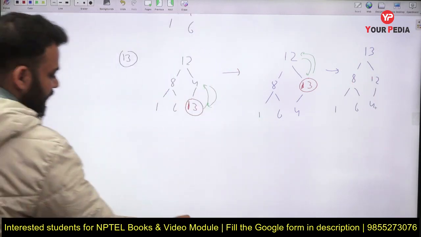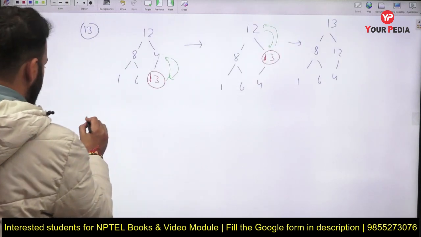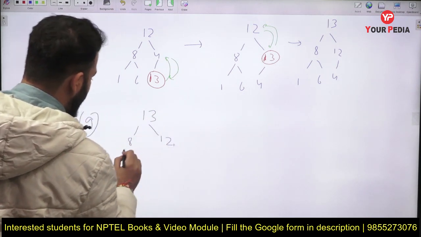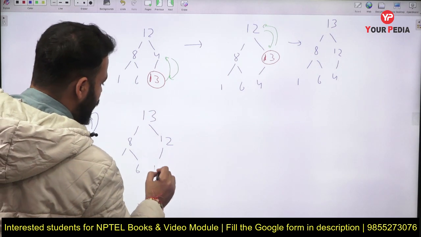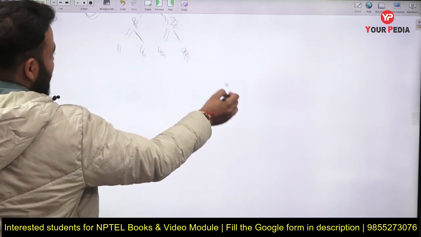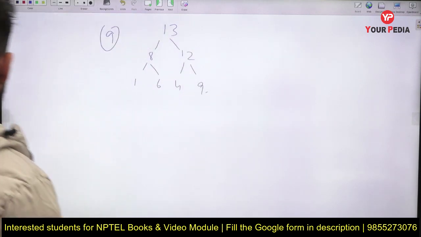Now the next element that comes in our tree is 9. So when the 9 comes, it will be 13, 8, 12, 1, 6, 4 and 9. After that, the last element that will come is 3.